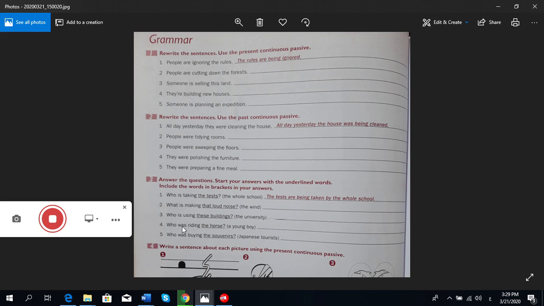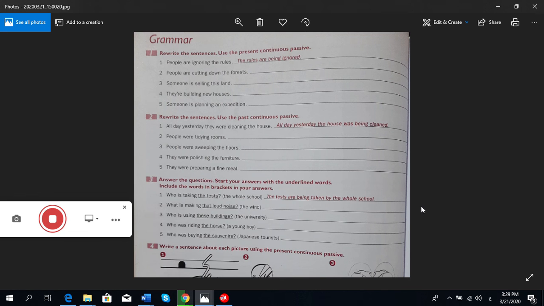Here was, so it's past, so I should follow past continuous passive. Okay? Now, who is taking the tests? This is the object, I start with it. The tests are being taken by whom? By the old school. Here, that loud noise, we apply the rule, by the wind.